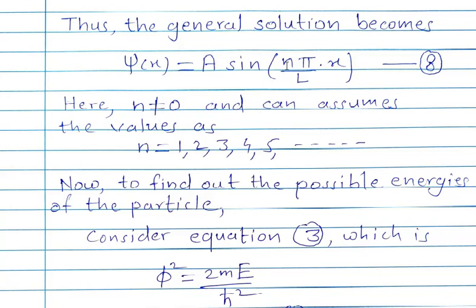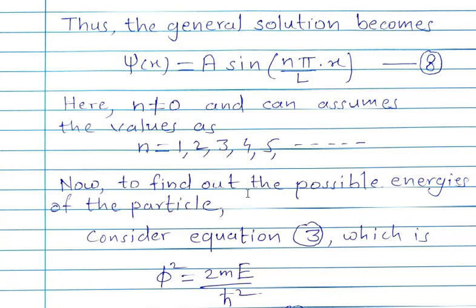If n is 0, then for any values of x, this term itself becomes 0, as sine 0 is 0, and this psi of x becomes 0. Means the wave function will vanish, and hence this n should not be equal to 0, and it can assume all possible values starting from 1 onwards, 1, 2, 3, 4, like that. It means this n is a set of natural numbers.